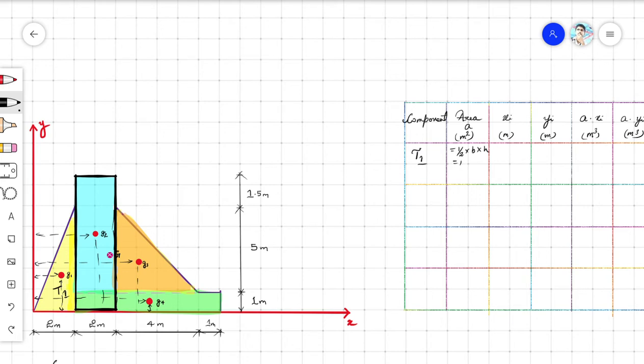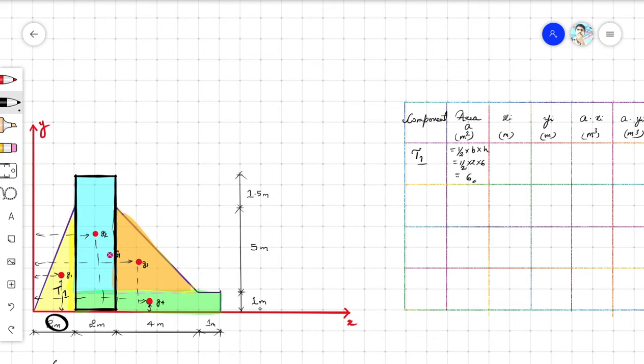So that will be half into 2 meter, you can see it over here, and the height is 5 plus 1, that is 6 meter. So that is half into 2 into 6, which is 6. I'll write directly 6, the reason being that I have given meter square.